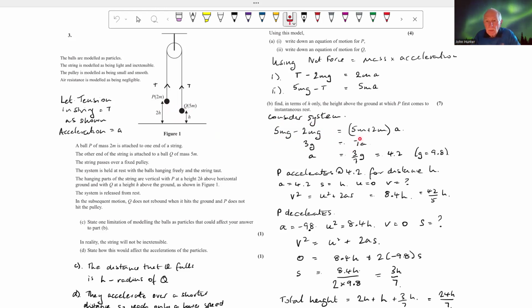However, the mass is the mass of the system, so we're adding 5m to 2m to get the total mass times the acceleration.